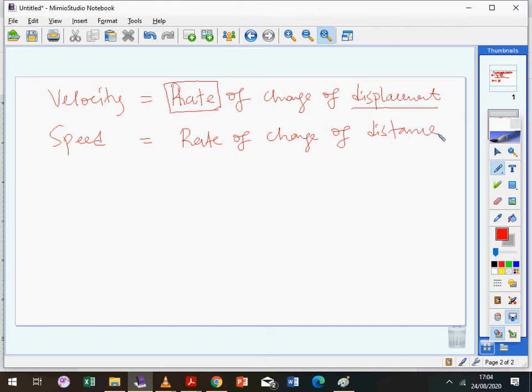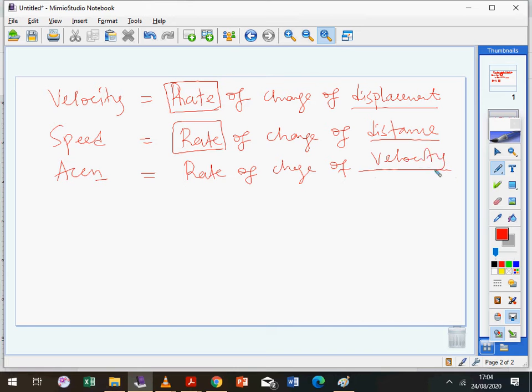Because your distance is changing with respect to time. If it was acceleration, this is kind of extrapolating it forward, it would be the rate of change of velocity, because acceleration is also a vector quantity.